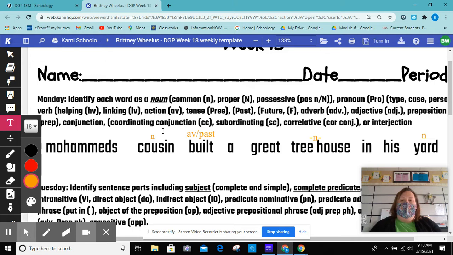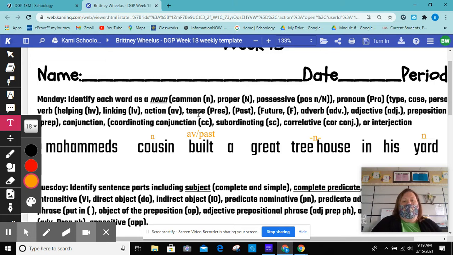All right. Now, I want you to identify all of the adjectives in the sentence, including the article adjectives. Who can tell me what the article adjective of the sentence is?